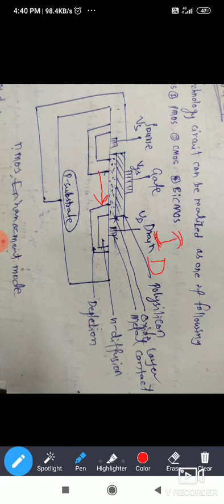Here the channel is an N channel. Your channel is N channel means this is N type material, this is also N type material. When we apply gate to source voltage, electrons at the insulation will flow from source to drain.